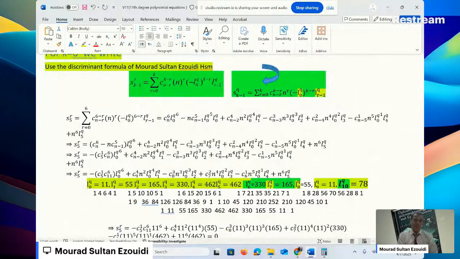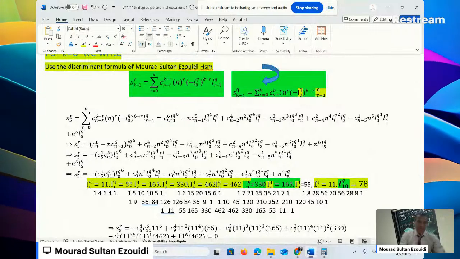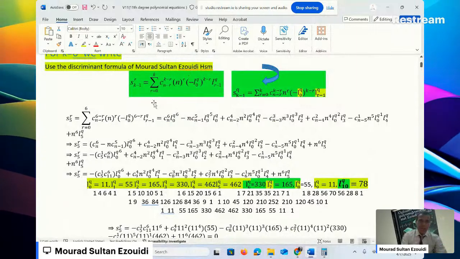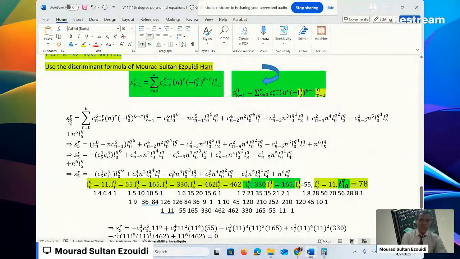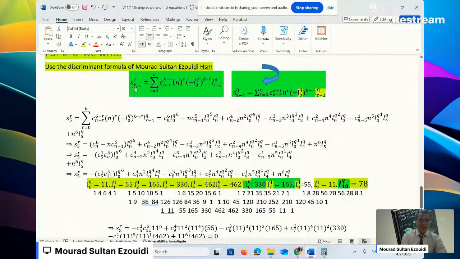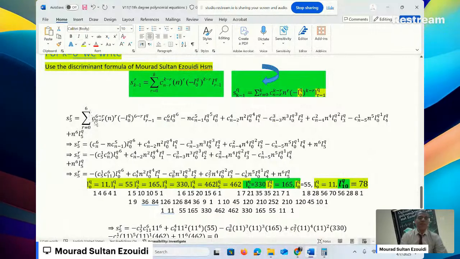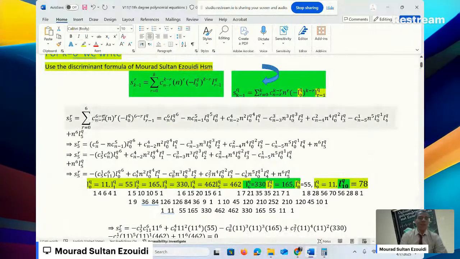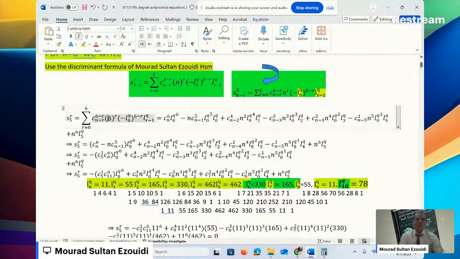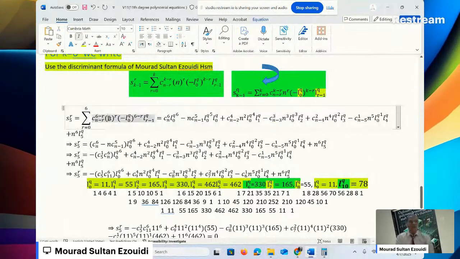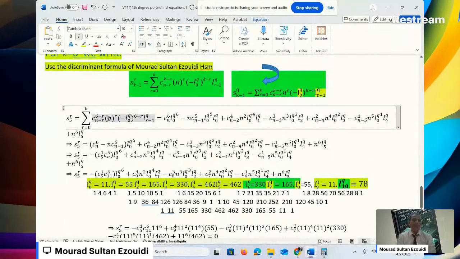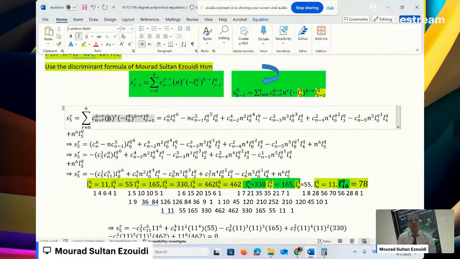Just put k equal 6 in this one. When you put k equals 6, you obtain S5, because 6 minus 1 is 5, equals the sum from r equals 0 to 6, combination n minus r choose 6 minus r times n raised to the power r times the derivative of L0 raised to the power 6 minus r times L r minus 1.